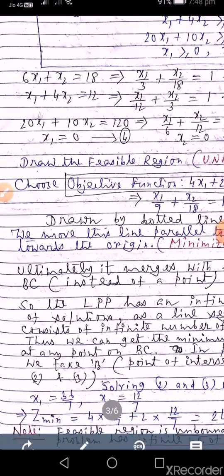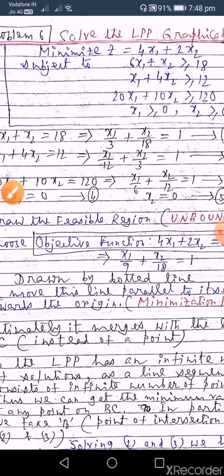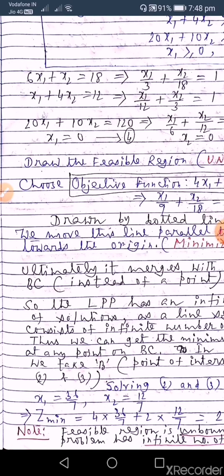solving which we were getting x1 is equal to 36 by 7, x2 is equal to 12 by 7. Putting these values of x1 and x2 here, that is 4x1 plus 2x2, you see here 4 into 36 by 7, 2 into 12 by 7.